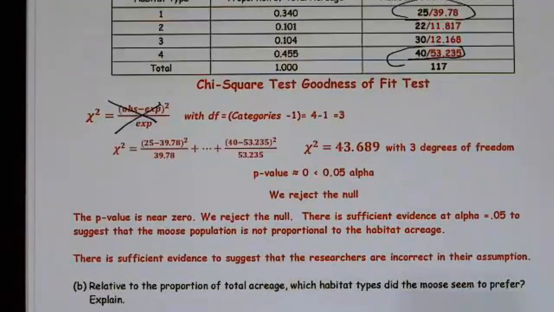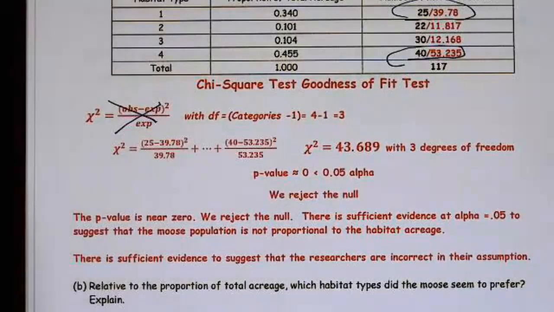So the p-value is approximately 0, we reject the null. There's enough evidence at alpha equal 0.05 to suggest that the moose population is not proportional to the habitat coverage. In other words, there's plenty of evidence to suggest that the researchers are incorrect in their assumption.